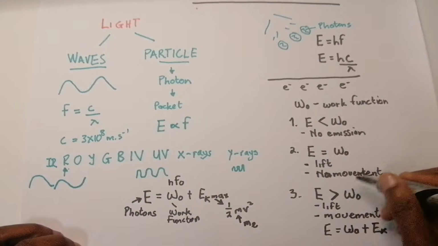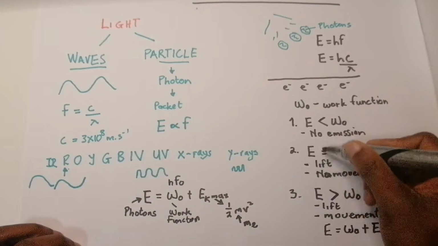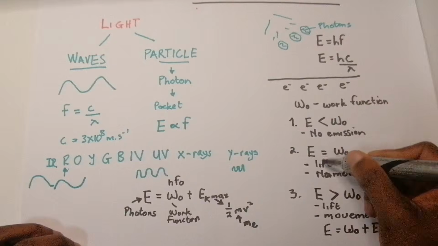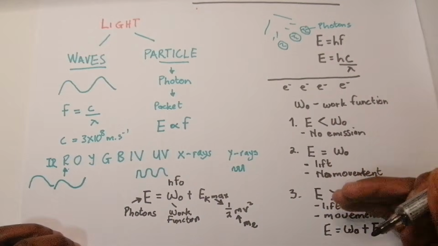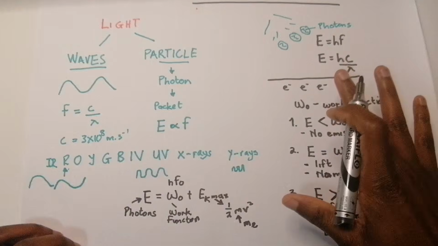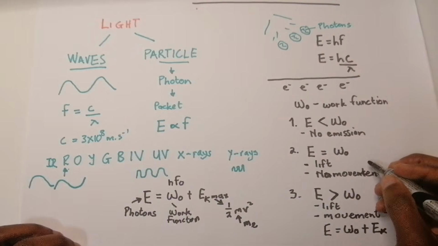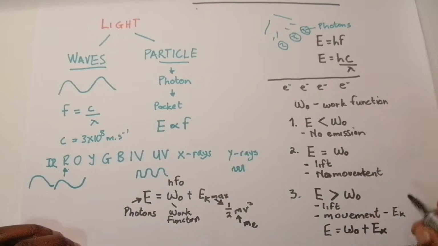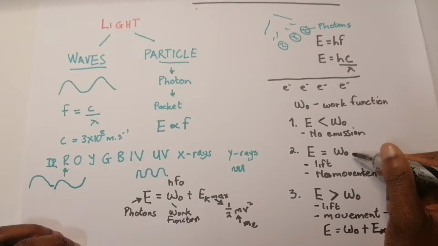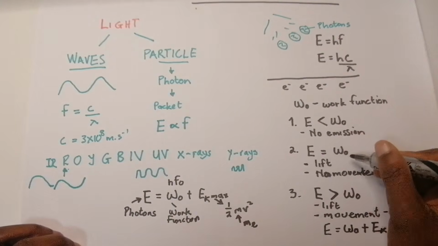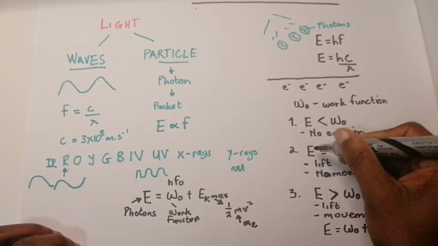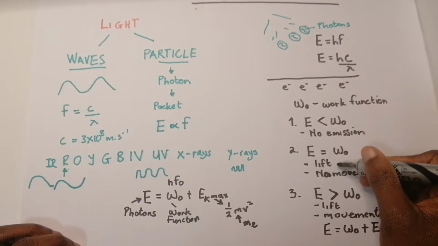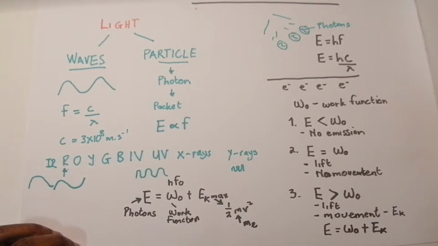We said, remember, when the energy of the photon is exactly equal to the work function, there'll be a lifting of electrons. So they won't necessarily move, but they will simply lift off the metal surface. Now we say the frequency of the photon that caused the electron to lift, we simply call that the threshold frequency.